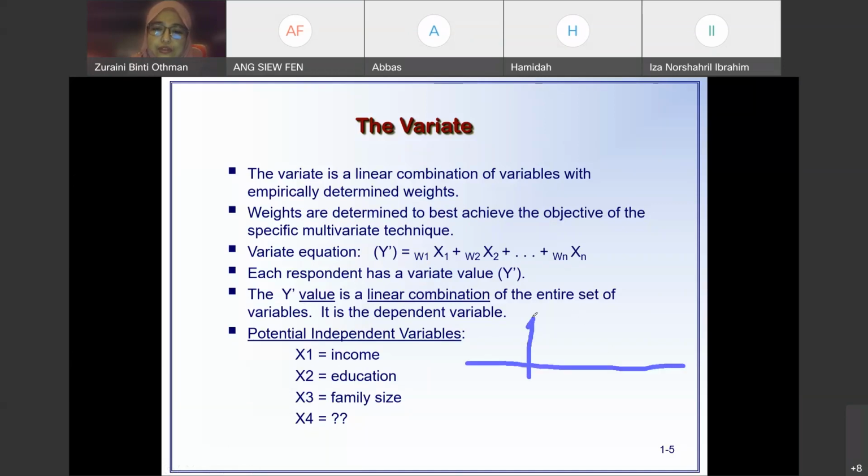If you don't, we just recap what we learned at SPM level. If it involves a graph, this is graph X versus graph Y. Which one is the dependent variable? Which one is independent?